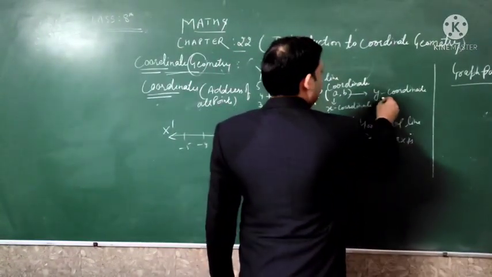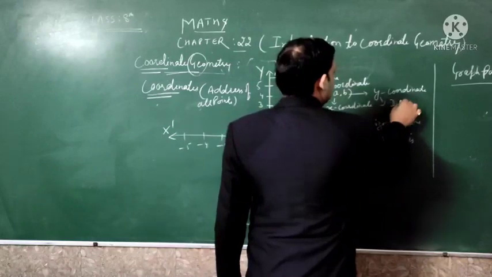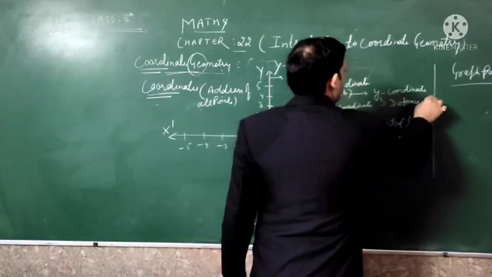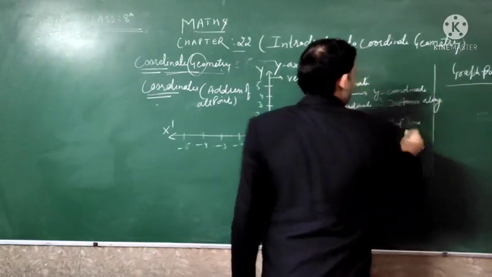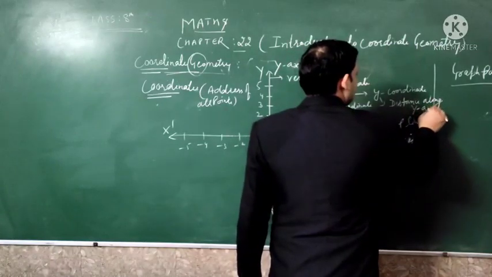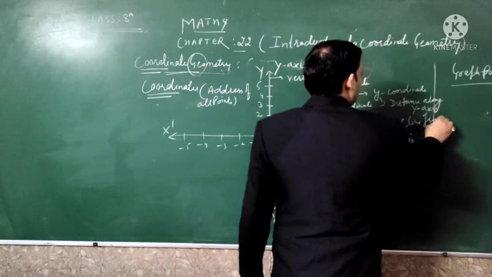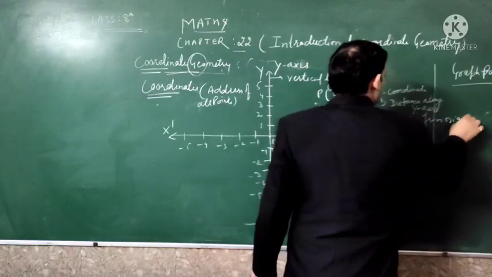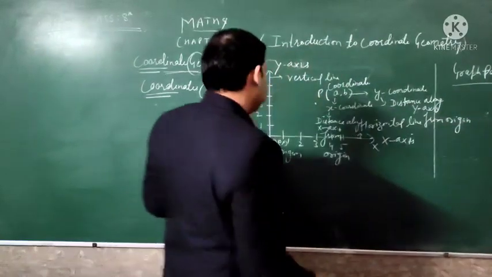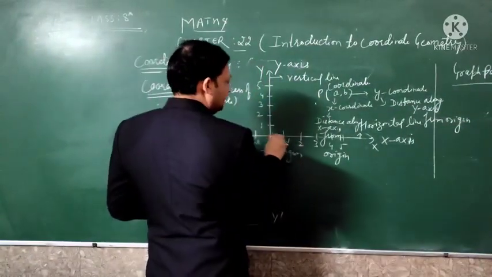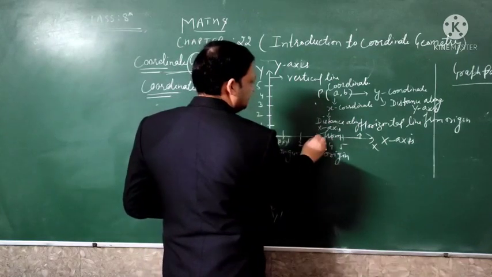And y coordinate, that is called distance along y-axis from origin. This is x coordinate: from the origin, distance along x-axis.